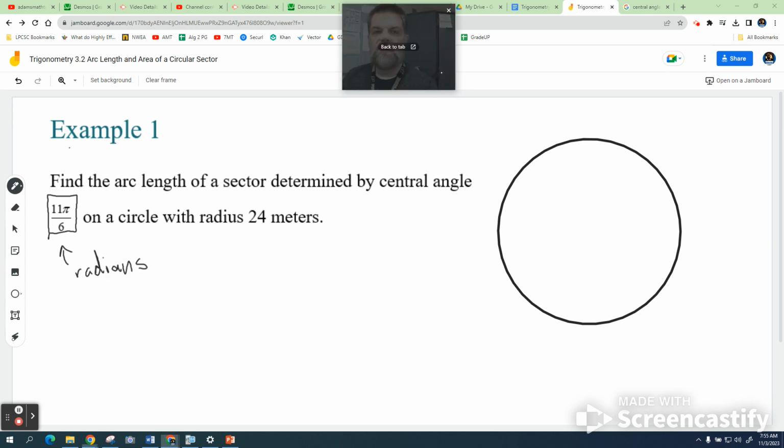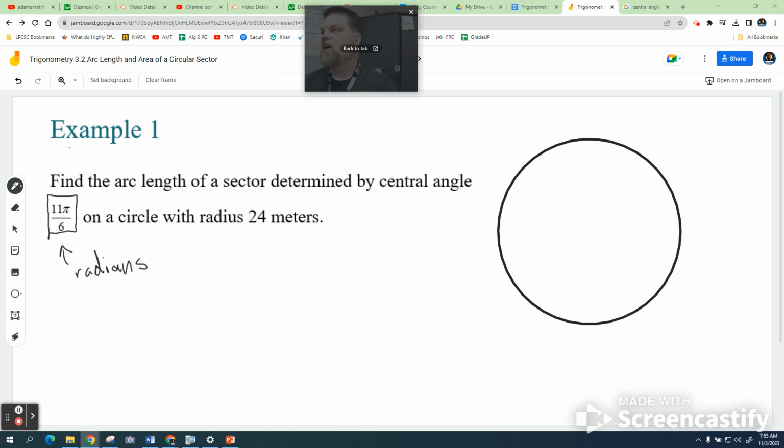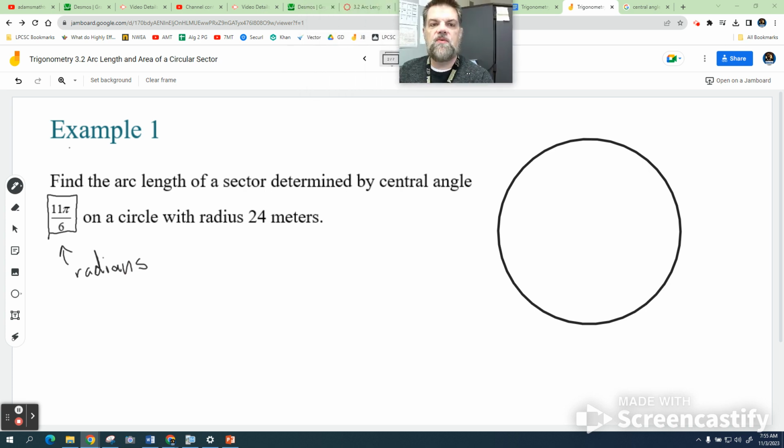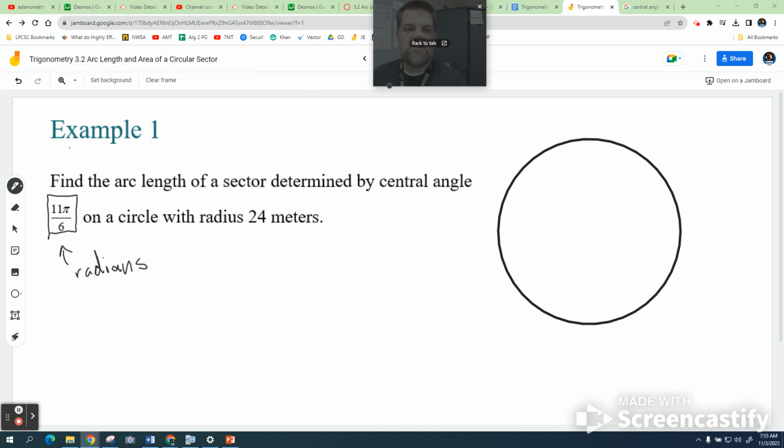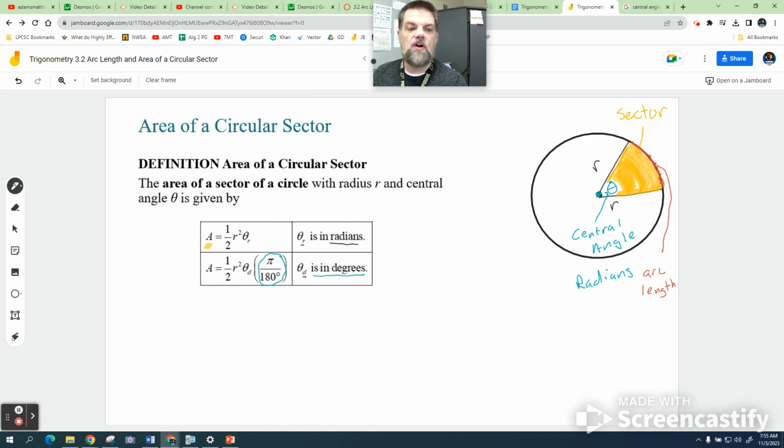Now, when you do your homework, you're going to get a question like this, and you don't know the formula off the top of your head. So really what you're supposed to do is go back to your notes and go, oh yeah, if they give me the angle in radians, this is the formula that I'm going to use. So that's what you're supposed to do.